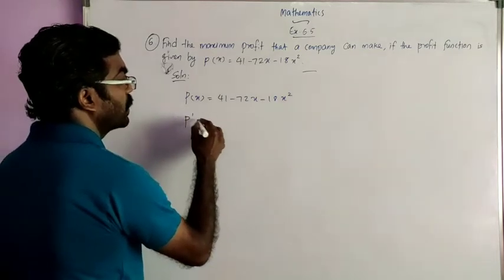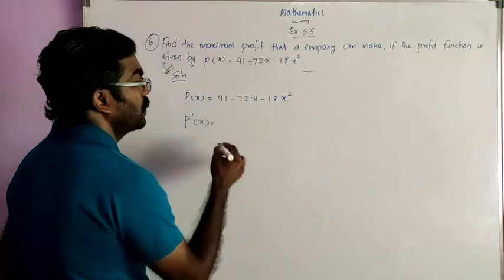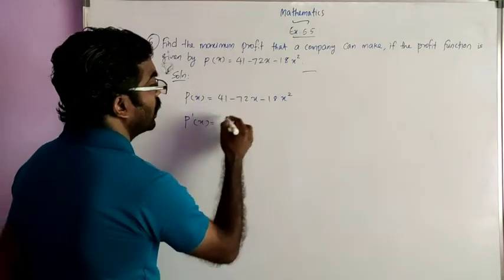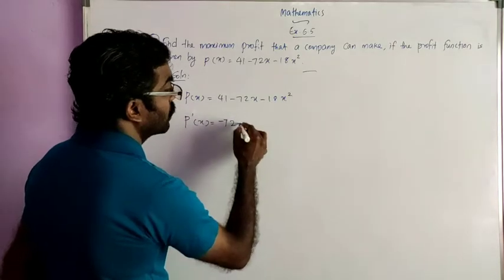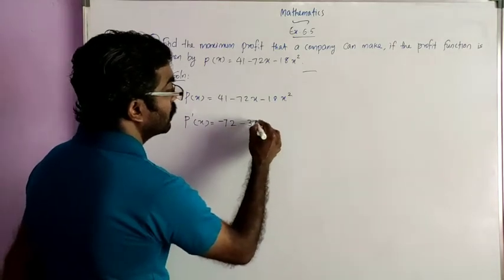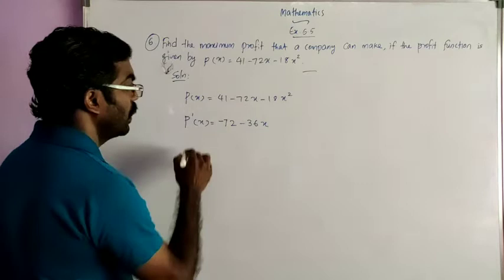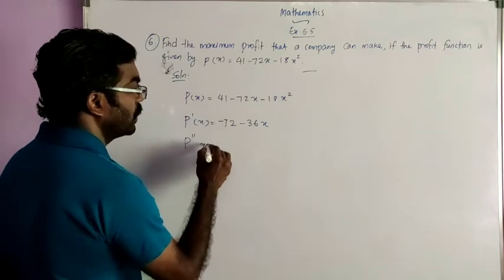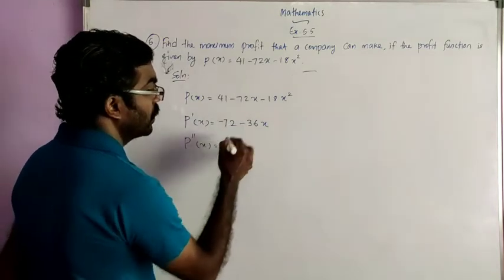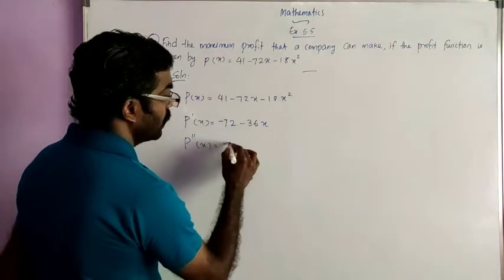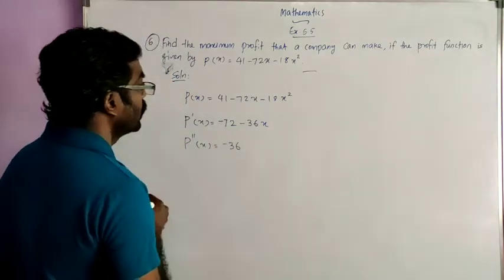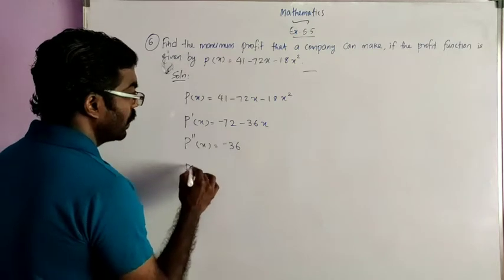First p dash of x is equal to 41, constant derivative 0. Then minus 72x, derivative is minus 72, minus 18x square, that is minus 36x. Okay. And p double dash of x is equal to minus 72 is a constant, derivative 0, minus 36x, that is minus 36.